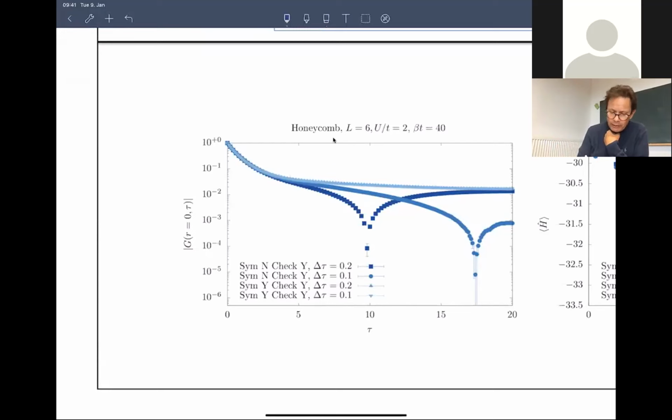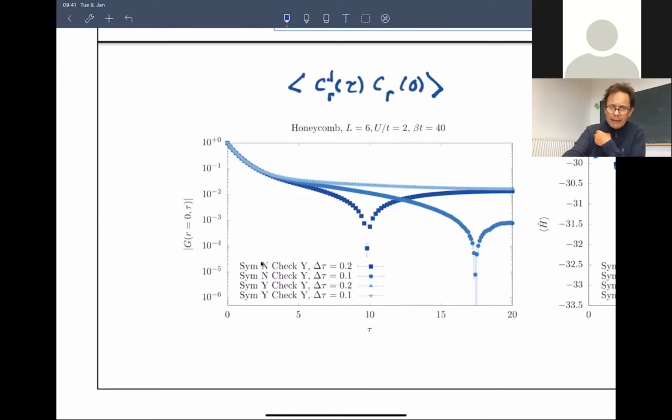And what we're measuring here is basically the Green's function, at r equals 0 at tau, and then c of r at tau 0. Okay. Now what you see, this is the tau axis here, and this is the quantity. Sim is a variable in the ALF which tells you if sim is true, then we use a symmetric Trotter decomposition.